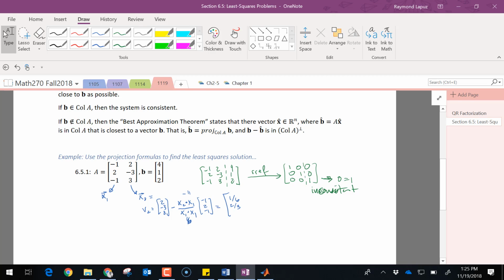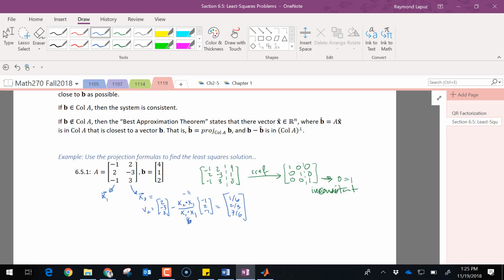And 3 minus, minus, minus. So it's going to be positive 3 minus 11 over 6, 18 minus 11, 7. Are they all positive?